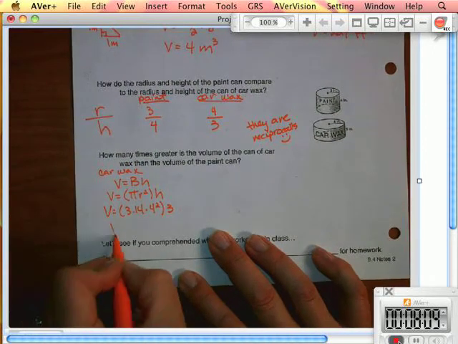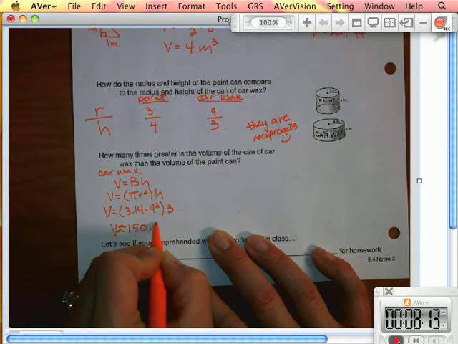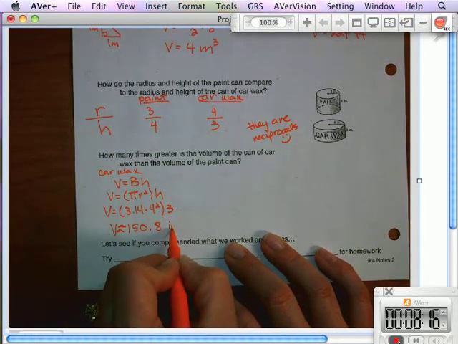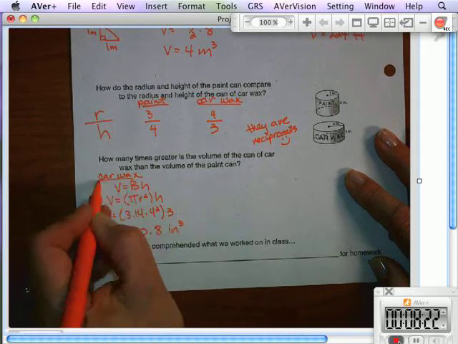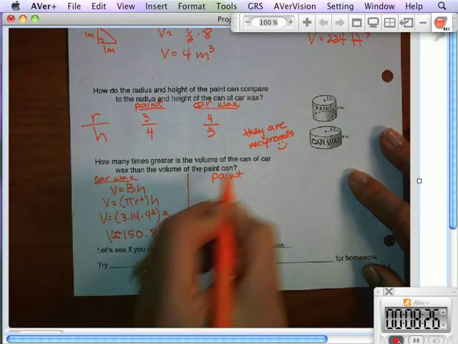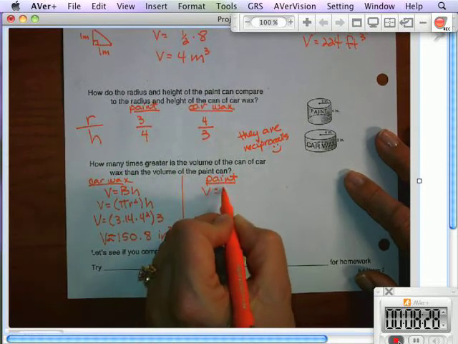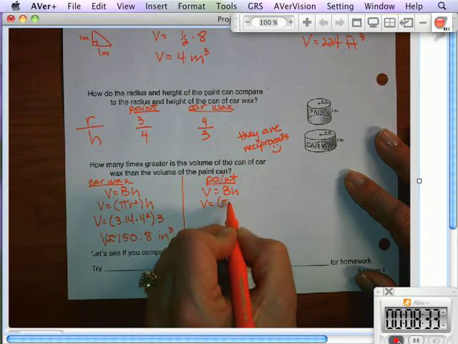So I'll tell you what that is. It's about 150.8 inches cubed. So that's the car wax. Let's do the paint can. Volume equals base times height. Well, it's a cylinder, so I know the base is pi r squared.